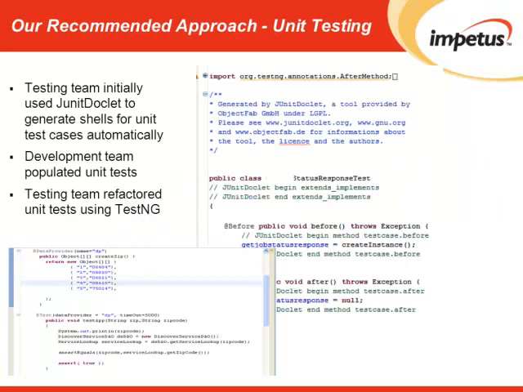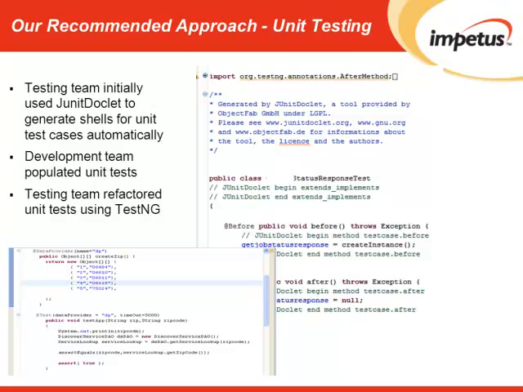Now, to ensure that the unit tests get carried out on a regular basis, the first thing the automation team did was generate shells for the classes that need to be tested. The team used an open source tool, JUnit Doclet, to generate thousands of shells for the classes with the methods to be tested. You can see one of the templates generated by this tool.